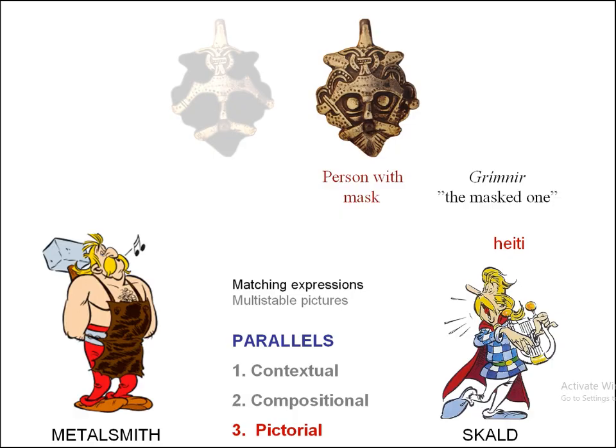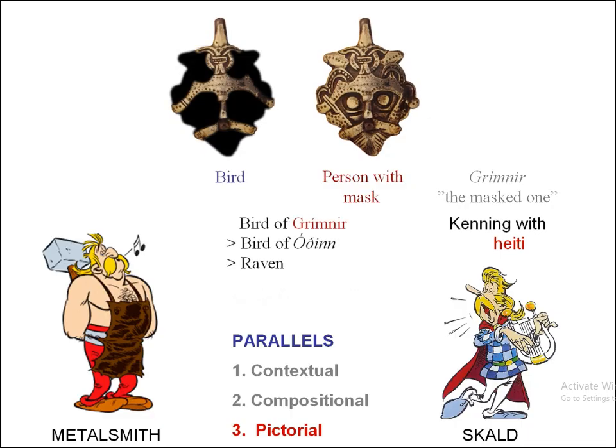And if we try to decipher the combination of a bird and a person with a mask, in the same sense as we would try to decipher a kenning, we would start with this heiti, Grímnir, the masked one, and describe the bird as the bird of Grímnir, or the bird of Odin, or, if we dissolve this pictorial kenning entirely, a raven. As you see, there is a possibility that puzzle pictures worked in the same way as skaldic poetry, also in a pictorial sense.